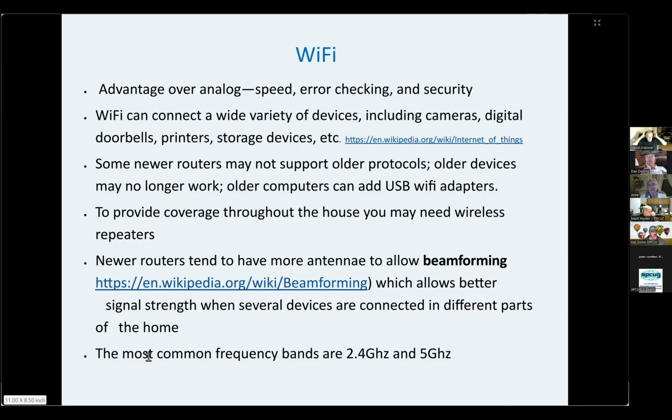And I guess it's more recently, the reason that these newer routers have even more antennas is because now the protocols can use up to 8 antennas to direct the signal. And because of that, if you have 2 or 3 users in the house, it can direct the signal 2 or 3 ways. And then you probably have used these two most common bands, the 2.4 and the 5 gig, and I'm not going to go on too much about them.